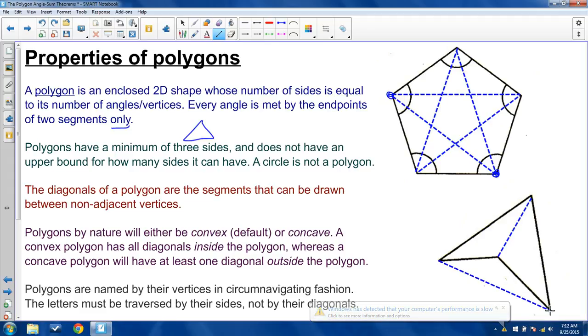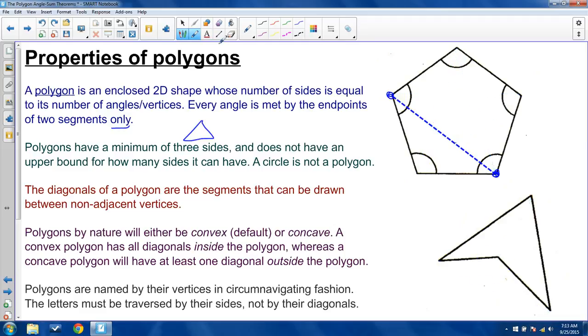It will have at least one outside of it. Another way to define a concave polygon is to say that one of the interior angles is a reflex angle, such as that one right there. Or I could talk about one of the exterior angles being concave. So an angle less than 180 degrees versus an angle greater than 180 degrees.